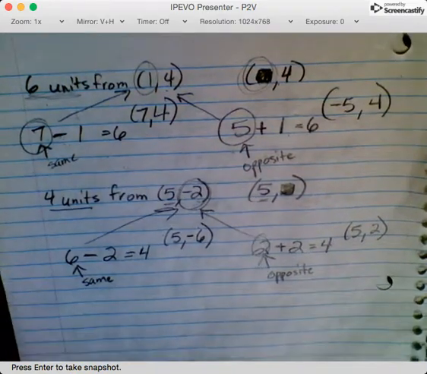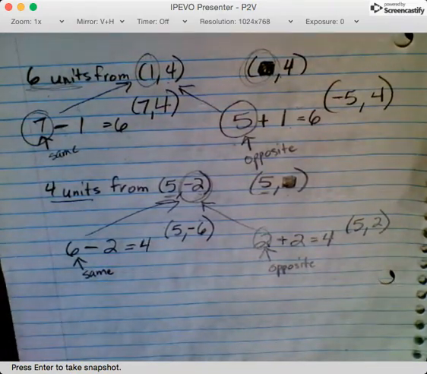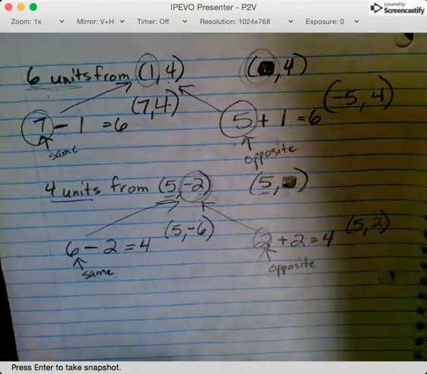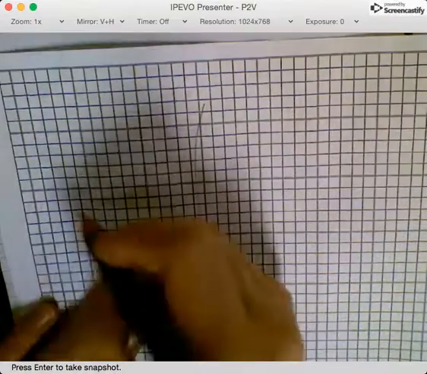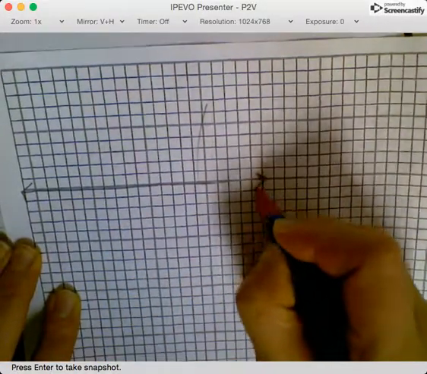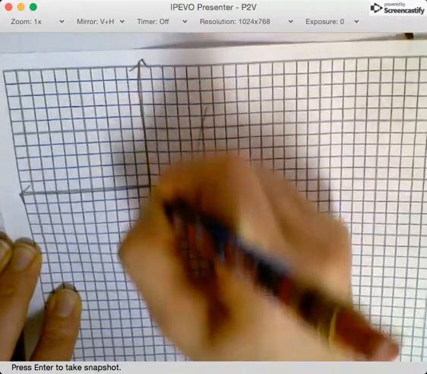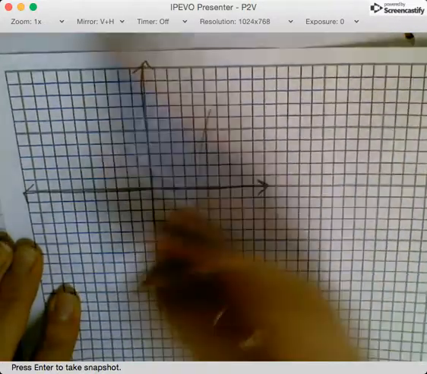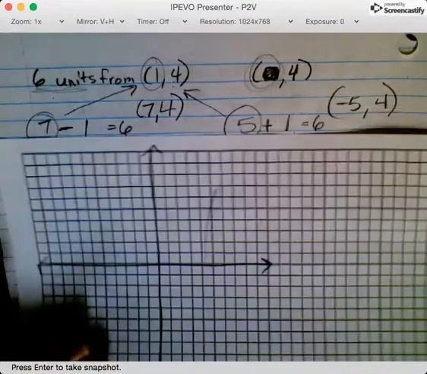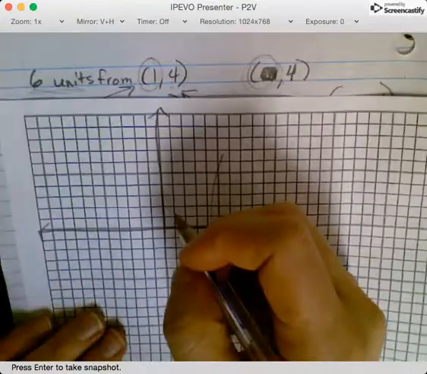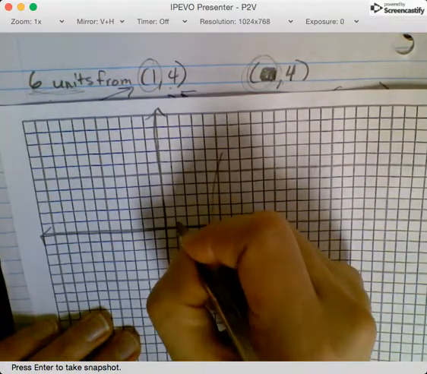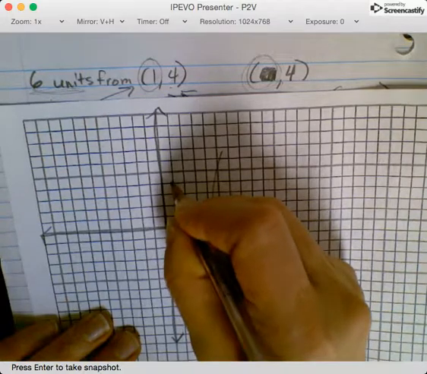Okay, now that we've done that, I'm going to show you on a coordinate grid just to check these out. Let's do 1, 4, and I'm going to put it in a different color than the ones that I come up with. So 6 units from 1, 4. 1, 2, 3, 4.